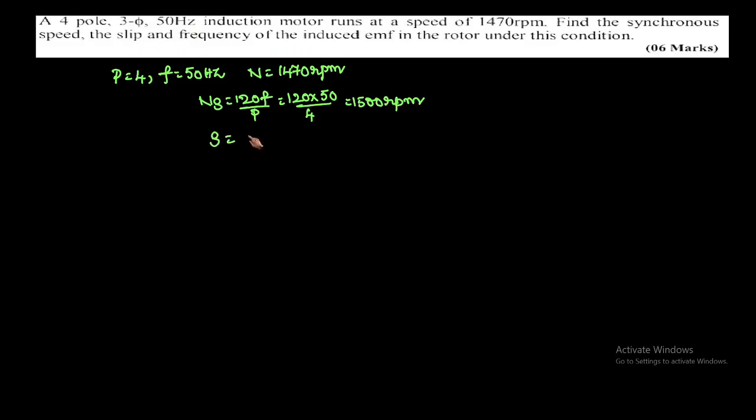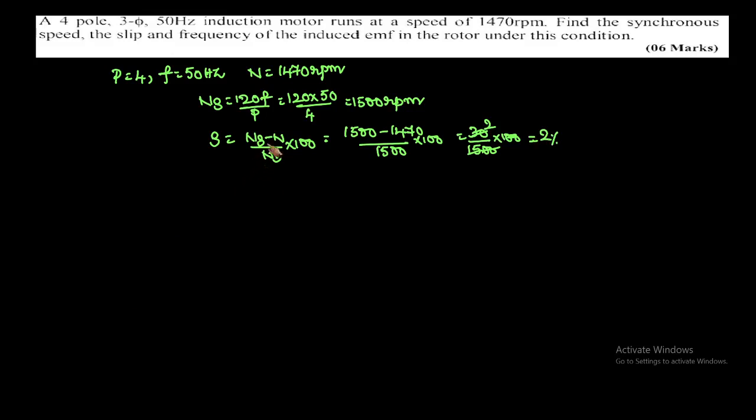Slip will be (Ns minus N) divided by Ns, into 100. So Ns value is 1500 minus 1470, divided by 1500, into 100. That is 30 divided by 1500 into 100. So the slip we got is 2 percent.